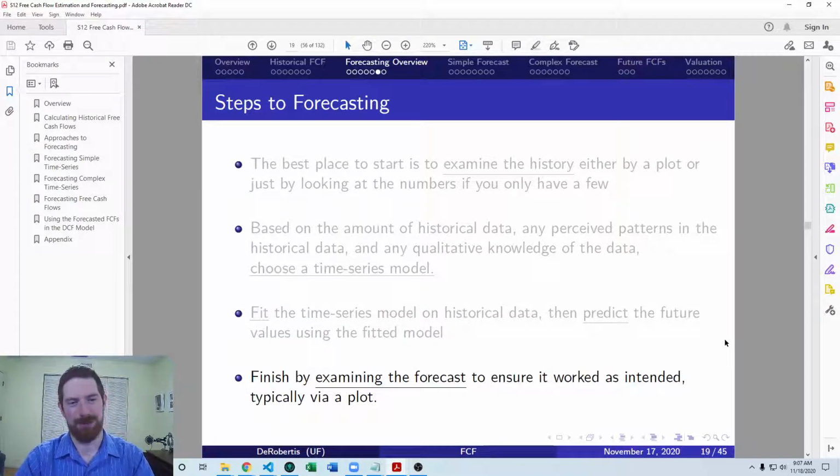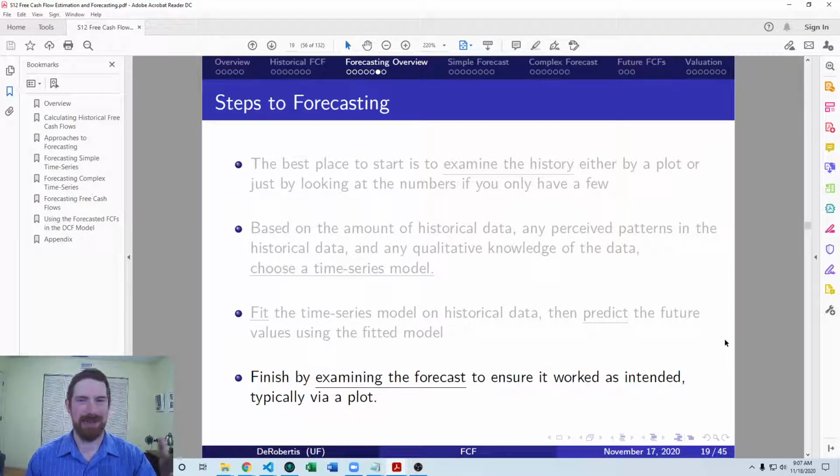And then you have your forecast, you've predicted the future, and the last step is just to examine the forecast to make sure that you got kind of what you expected and that it makes sense. So a plot is definitely the best way to do this.